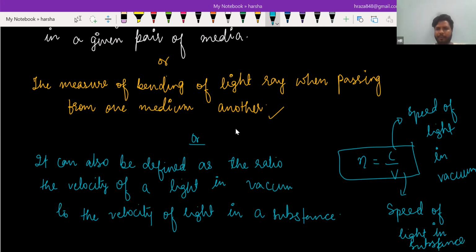So we can define refractive index like if a ray is traveling from air to any substance, then refractive index will be equal to speed of light in vacuum upon speed of light in that substance or in that medium. Okay. Is that clear?